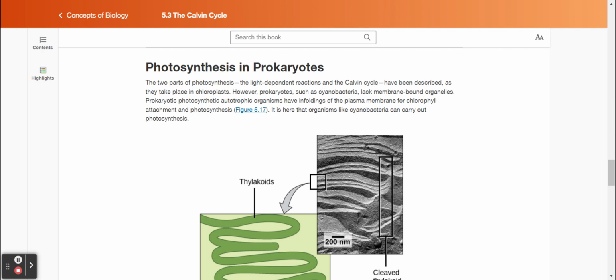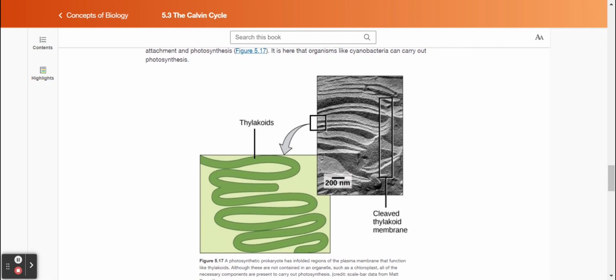It is here that organisms like cyanobacteria can carry out photosynthesis. Figure 5.17. A photosynthetic prokaryote has infolded regions of the plasma membrane that function like thylakoids. Although these are not contained in an organelle, such as a chloroplast, all of the necessary components are present to carry out photosynthesis.